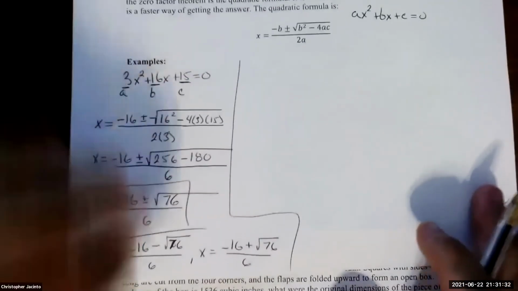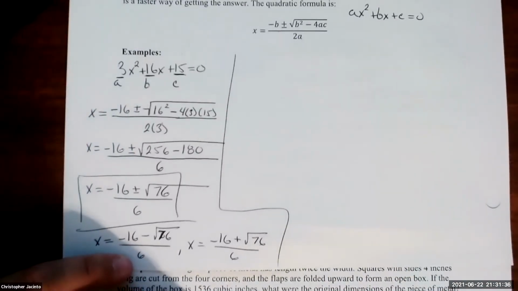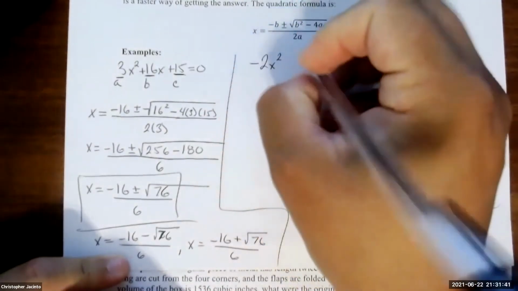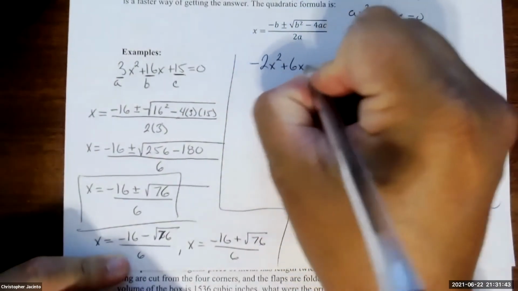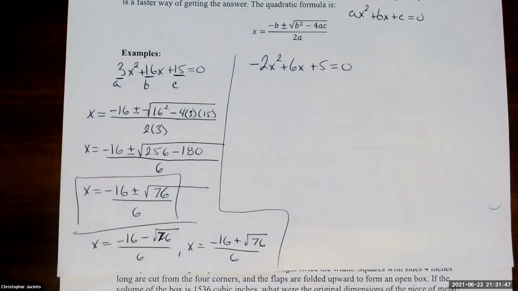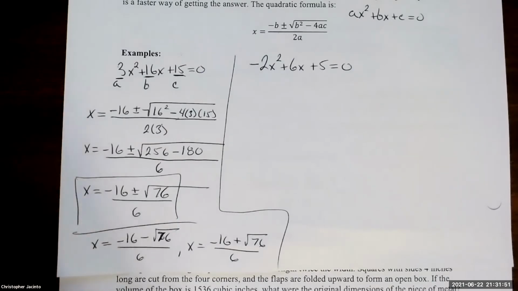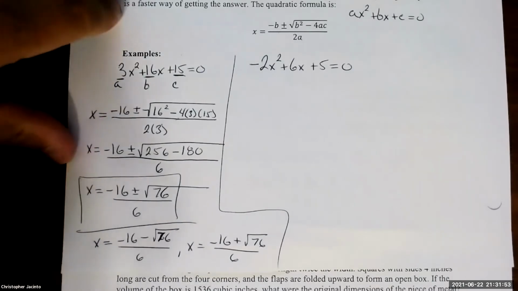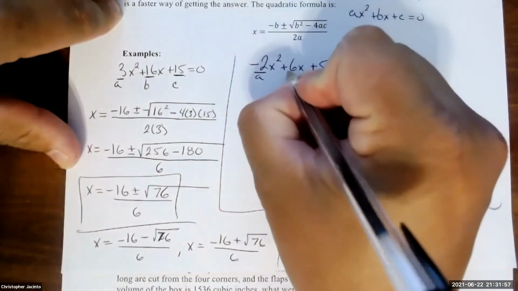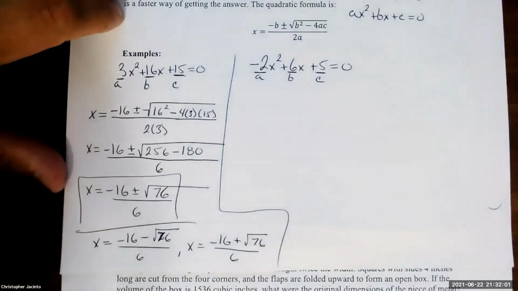So let's try another one, to give you more practice using this equation. Let's try negative 2x squared plus 6x plus 5 equals 0. So this is going to be A, this is B, and that is C in our scenario now.